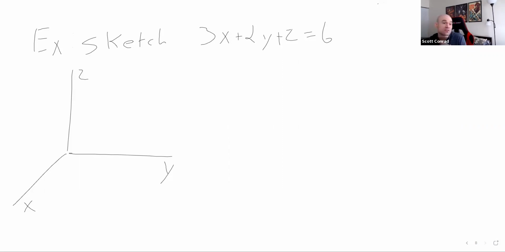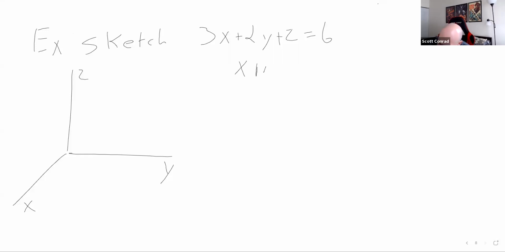So points on the x-axis, 1, 0, 0 is on the x-axis, 2, 0, 0, etc. On the x-axis, y and z are both 0 for all points on the x-axis. So we want to find a point, x, 0, 0, that lies on this plane. So you plug in 0 for y, 0 for z.